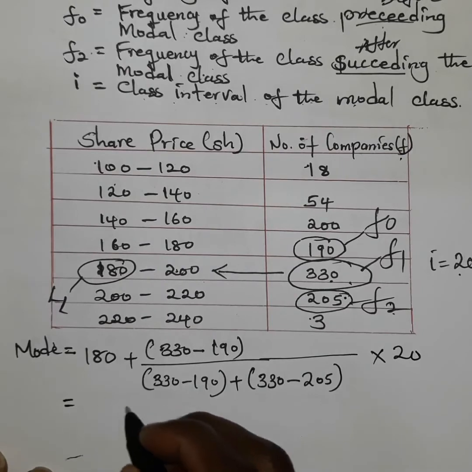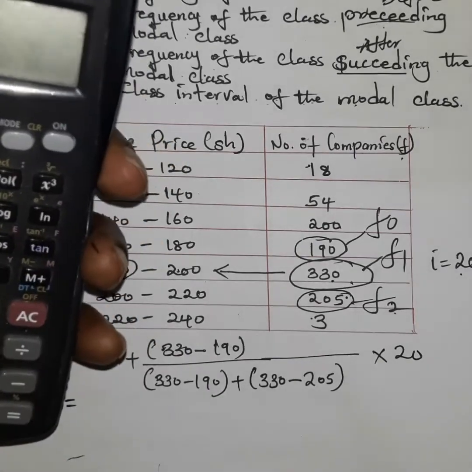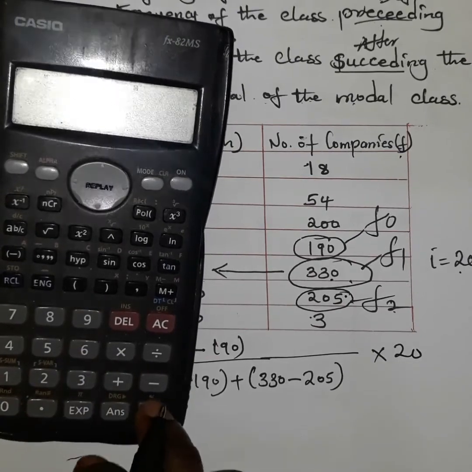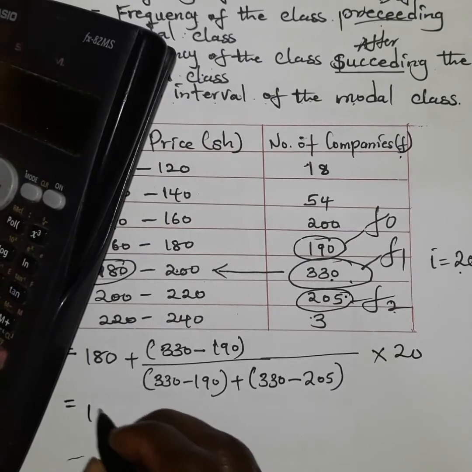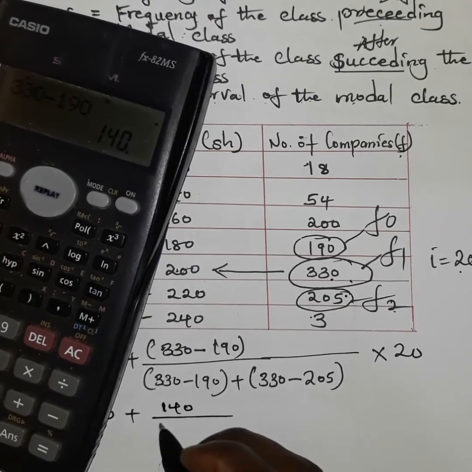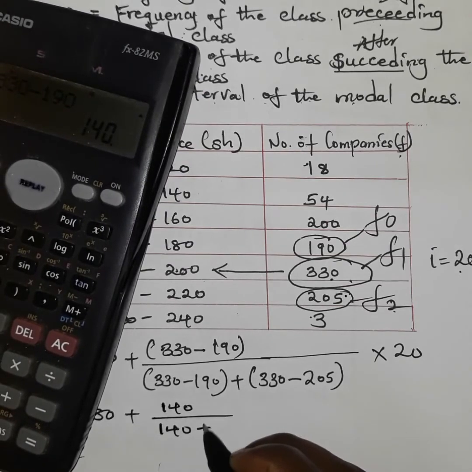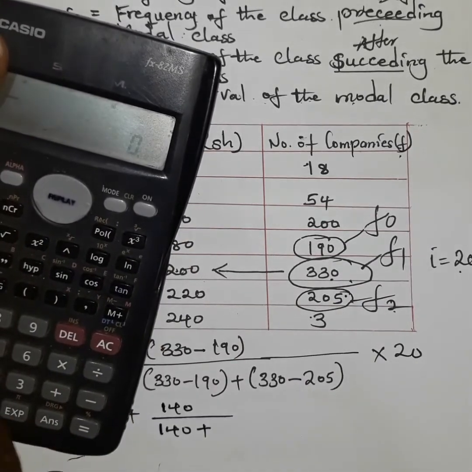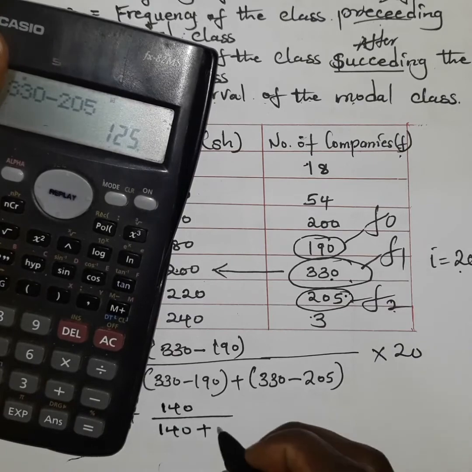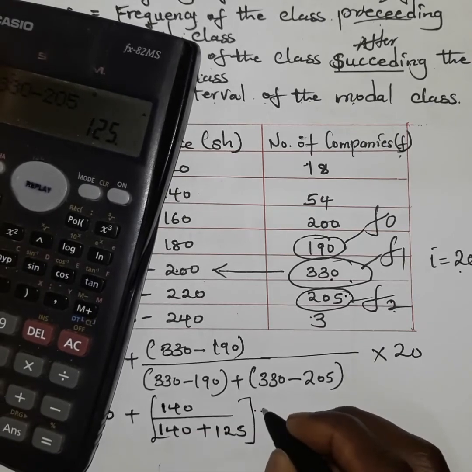So we are supposed to work out this value. 330 minus 190 is 140, so it is 180 plus 140 divided by 140 again, plus 330 minus 205, which is 125. Multiply this by 20.